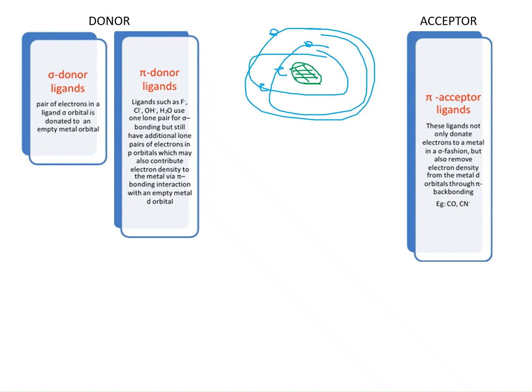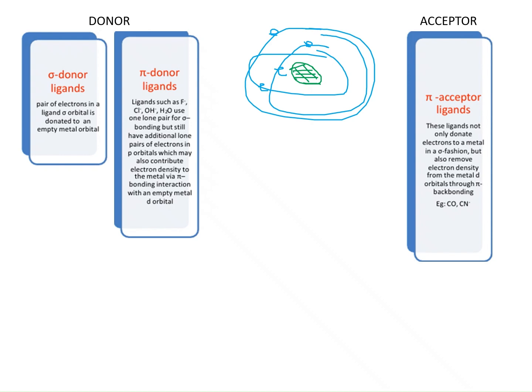Now, when forming a coordination bond, a bond between a metal and a ligand, a covalent bond between a metal and a ligand, that is a dative bond. A dative bond or a coordination bond is established when a ligand donates or contributes its electrons to the metal.